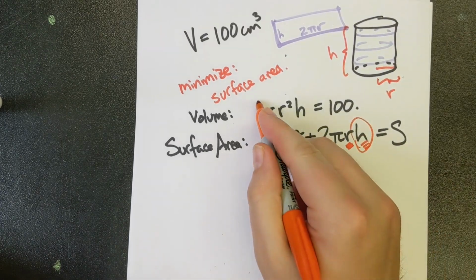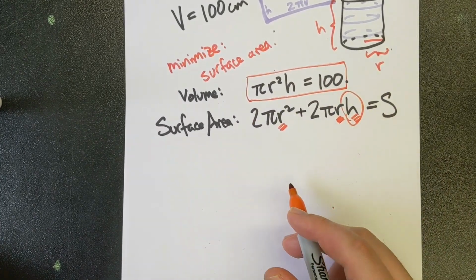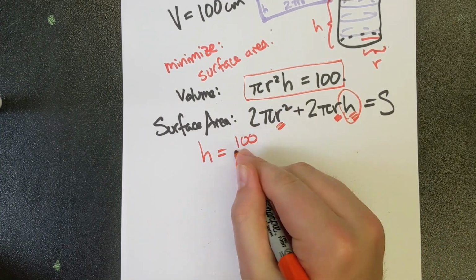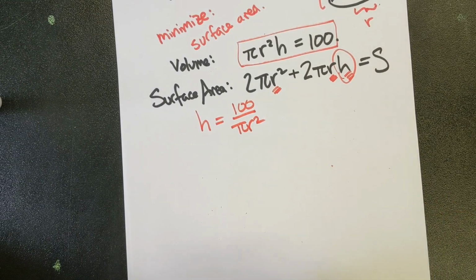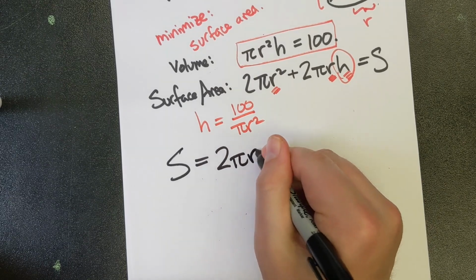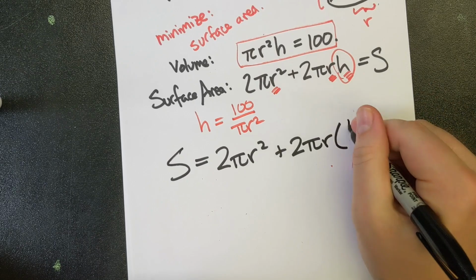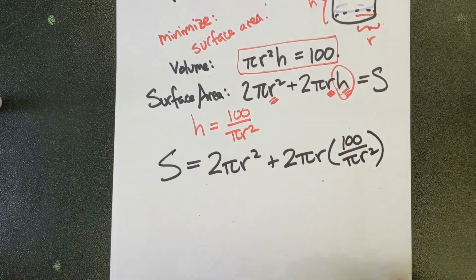Well, yeah, we can use this equation to help us get rid of h. Use our constraint to say h we know has to be the same thing as 100 over pi r squared. So that lets us get a new expression for surface area. My surface area is actually 2 pi r squared plus 2 pi r times 100 over pi r squared.